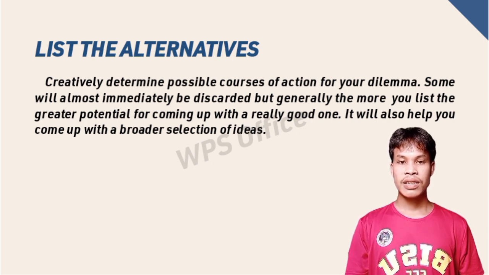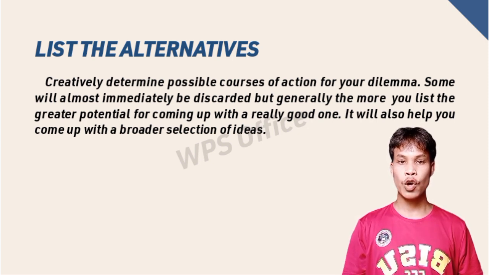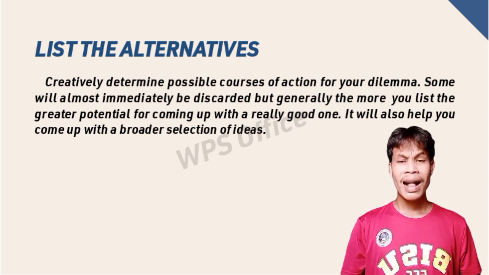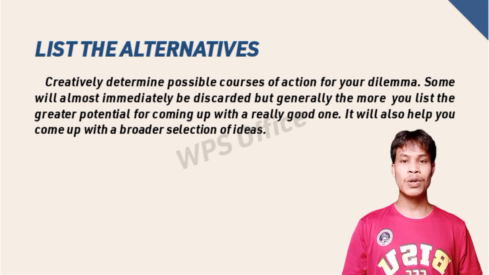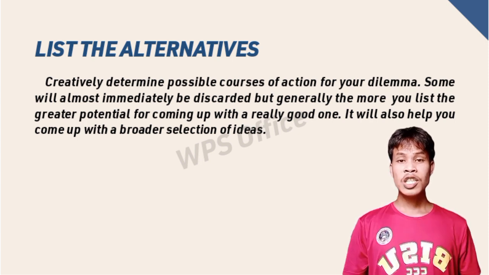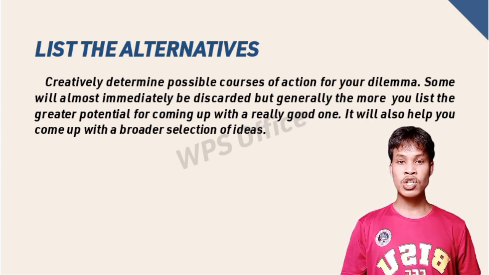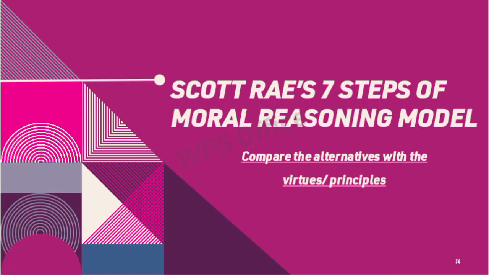By listing the alternatives, the individual can gain a clearer understanding of available choices and set the groundwork for the subsequent steps of evaluating these alternatives against ethical principles and considering their potential consequences. This process enables a thorough and systematic approach to ethical decision making.